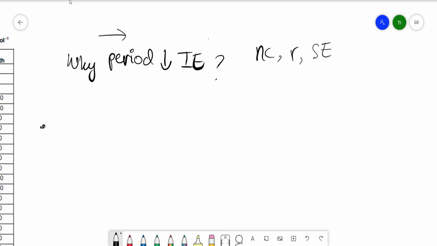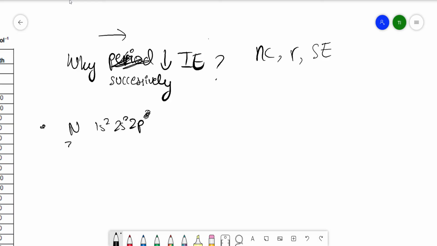So why does it increase successively? Sorry, not across the period, successively. I'll get onto the period later on. The reason this happens, assuming it's nitrogen, is this: nitrogen has 7 electrons, so 1s2, 2s2, 2p3.